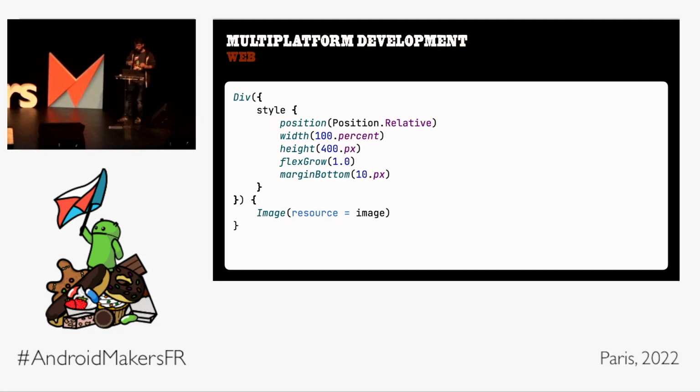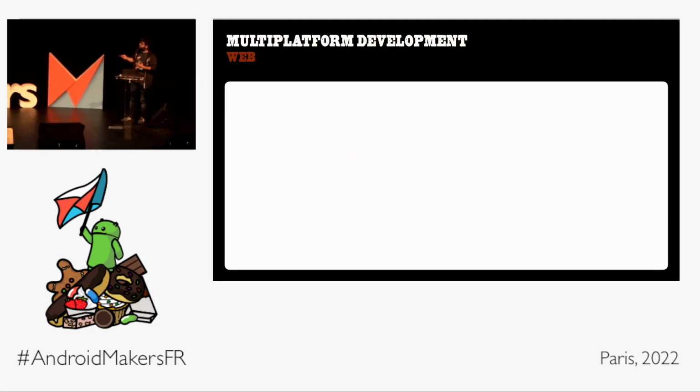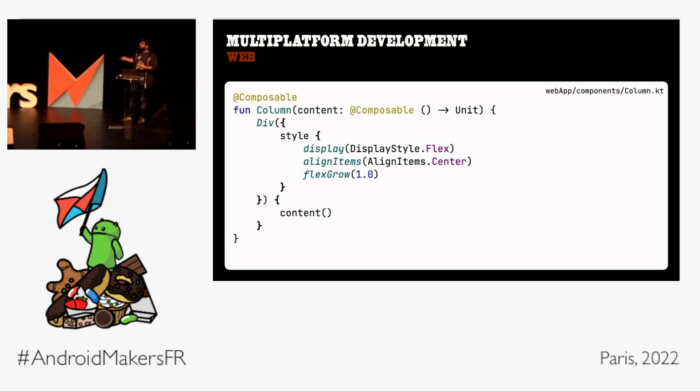Of course, you can give support for this, and instead of writing this code, you can put it inside a composable function and do something like this. But then you need to implement expect for Android, for desktop, and it's going to be quite tedious to do this for all the components out there.